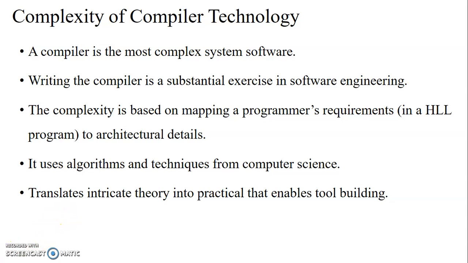So this compiler technology uses various algorithms and methods from the computer science domain, which translates the complex theory into practical. The compiler translates the complex theory into practical that enables the tool building.